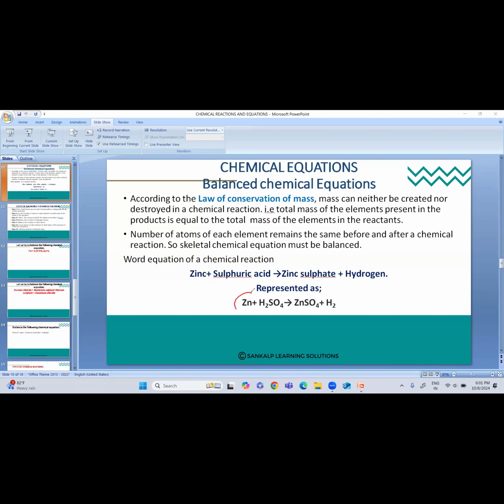So the number of atoms present should remain the same before and after a chemical reaction. So a chemical reaction should be written in a balanced form. So how to write the balanced equation?